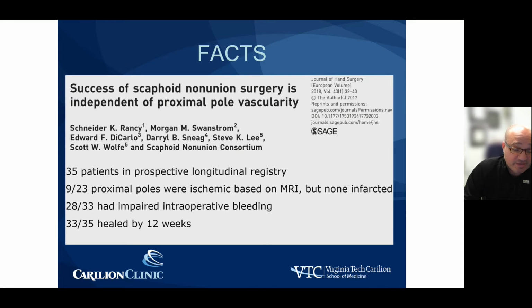They showed healing by 3 months on CT scan. Again, 33 out of 35 is pretty good. And this underscores the importance of creating good architecture, not only for the proximal pole, but in a sense for scaphoid waist fractures as well.